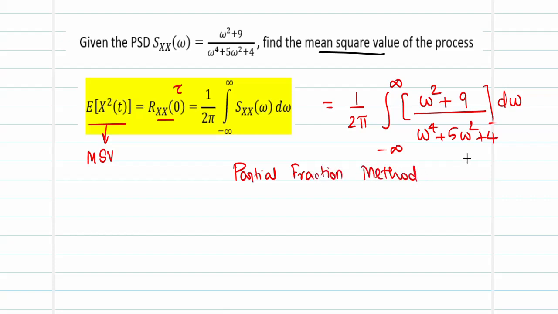We are going to consider this portion, split it into partial fractions and then put it back over here, and then we can solve them either using the inverse Fourier formula or using the tan inverse formula, which we have already learnt in lower grades. So I am going to consider omega square plus 9 divided by omega power 4 plus 5 omega square plus 4. This is my expression, and I will have to split this into partial fractions.